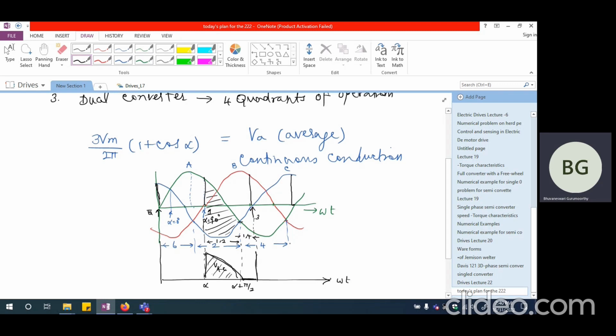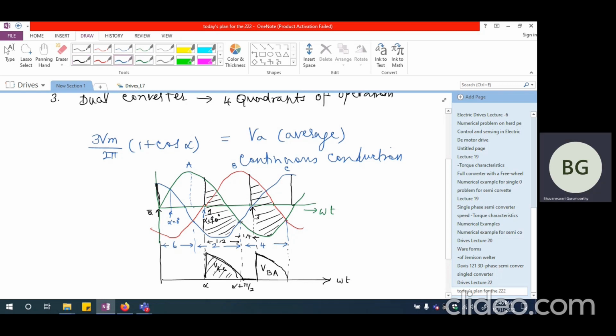After that, when 3 is fired, we are going to have this as the voltage that is coming up. So this will continue until here. So when I have 3 and 4 conducting, this is going to be VBA.